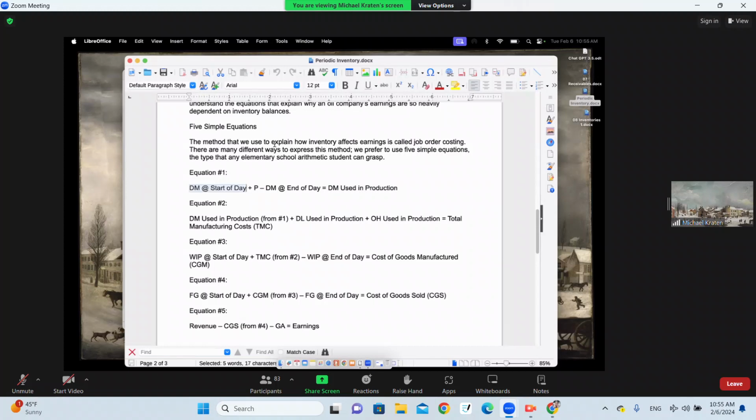So, direct material used to produce clay pots today: first and foremost is any raw clay that is sitting in my studio at the start of the day. I'm going to use that first.